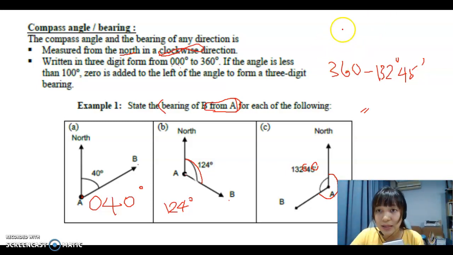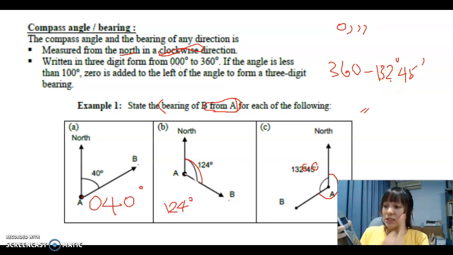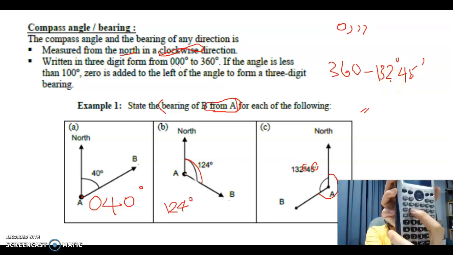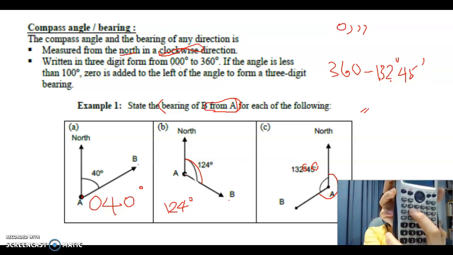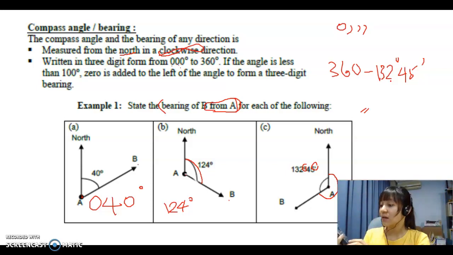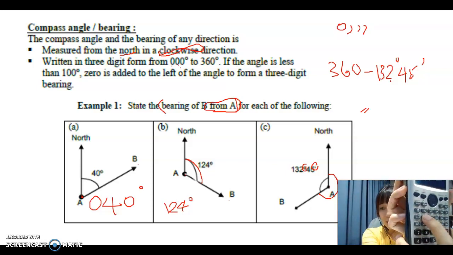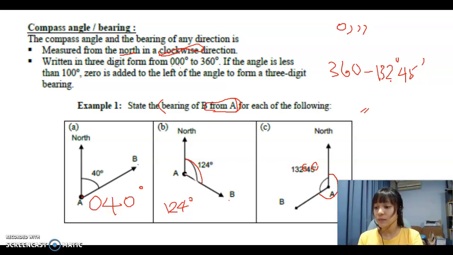This button looks like this, with a full stop and then 3 commas. So first of all, press 360, minus 132 degrees, pressing that button that I showed you. Then 45 minutes, still the same button. You have to press it.